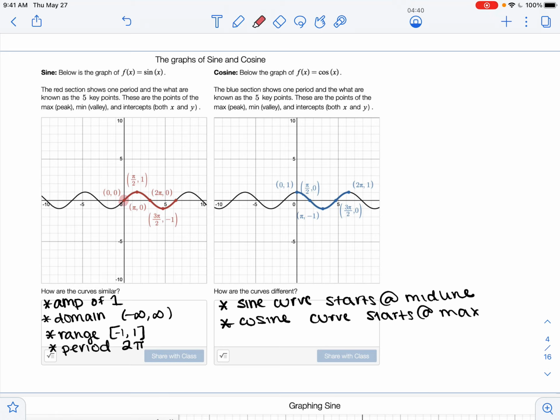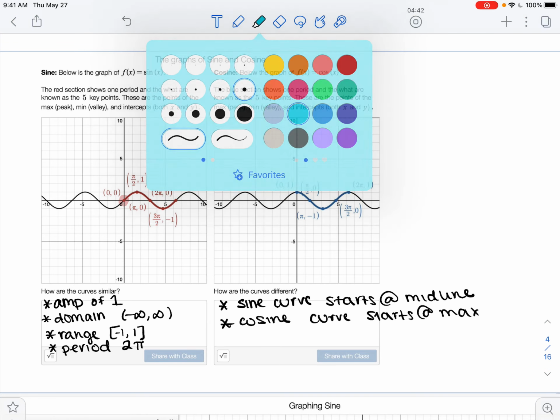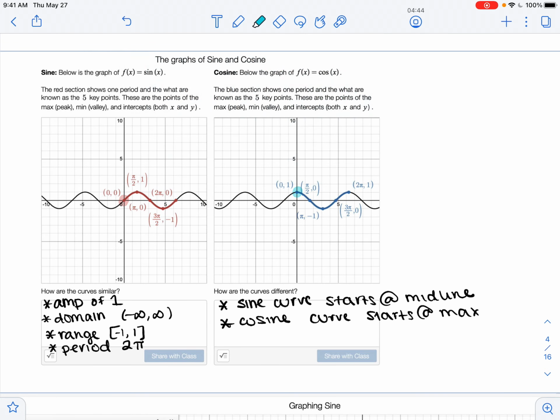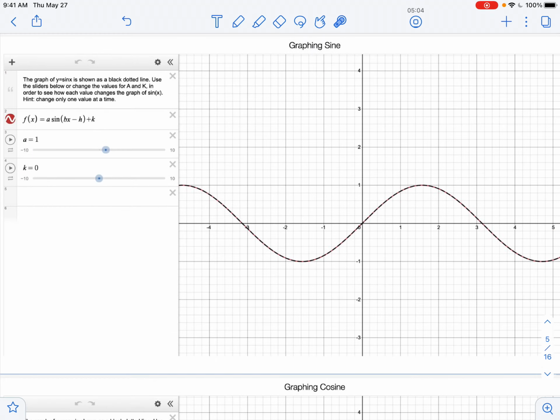So here we're at the midline on our sine graph, and here we're at our max on our cosine graph. We'll go through one cycle: cosine ends at the max after one cycle, and sine ends at the midline at the end of one cycle. You might have found other differences, totally awesome, but these are the ones that I focus on.